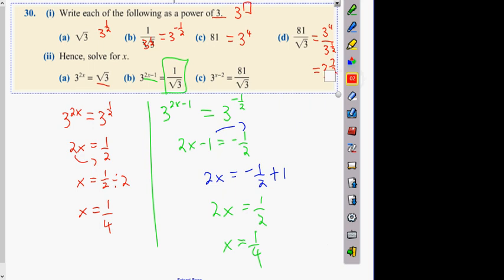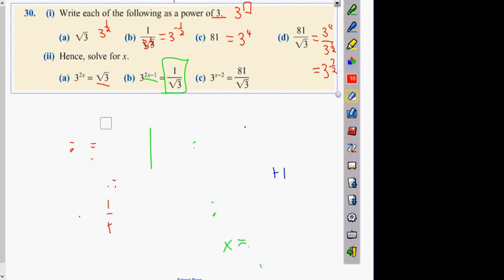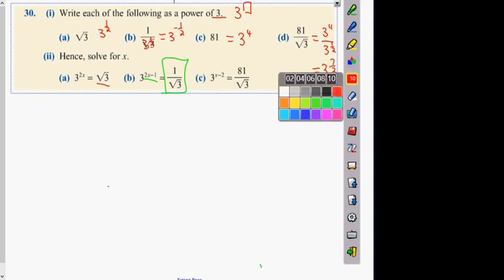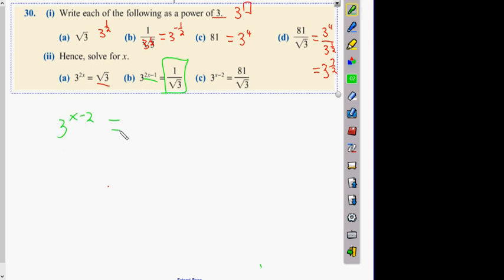Now, if this one comes up, how do you think we're going to do part C? 3x minus 2 equals 3 to the power 4 over 3 to the power of a half. Okay, 3x minus 2, and that's going to equal, what did we say it was again? 3 to the power 7 over 2. We already did it earlier.